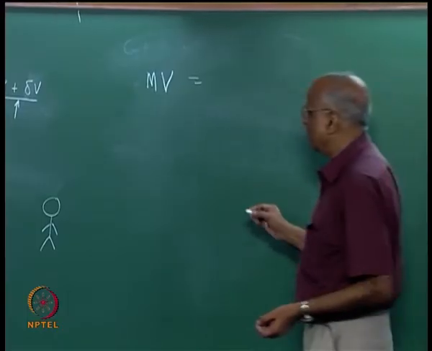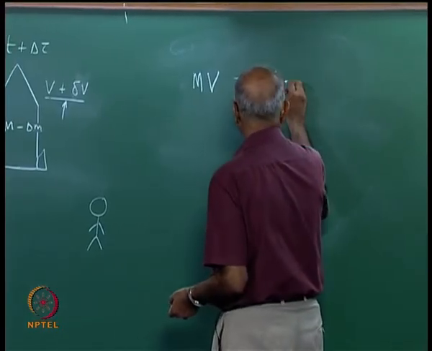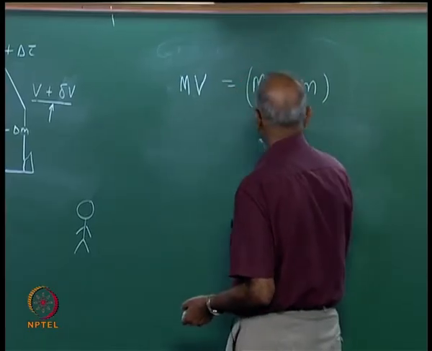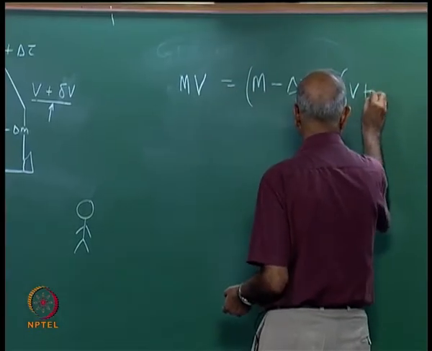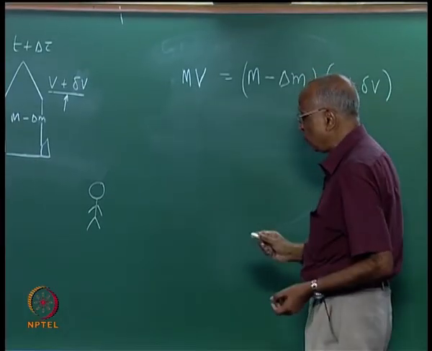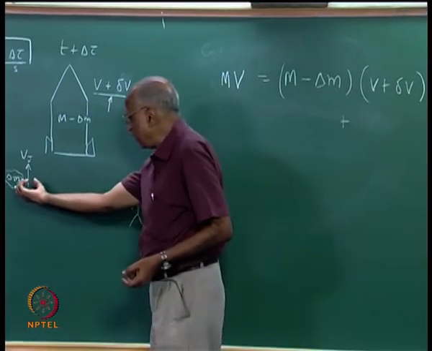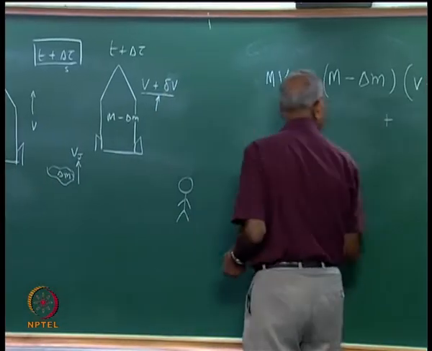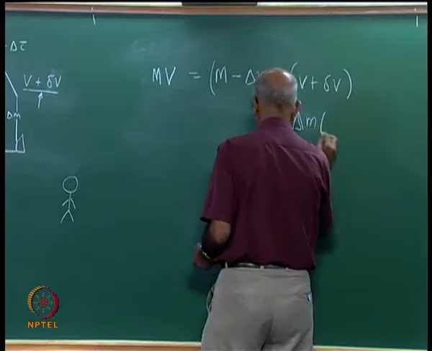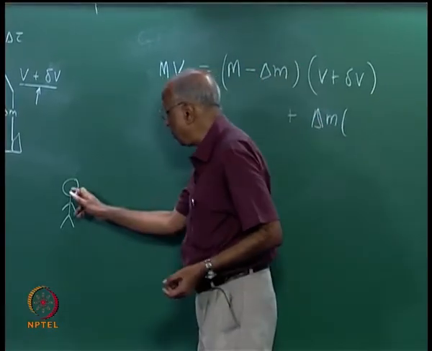I have M minus delta m into v plus dv, plus, you also find that delta m has gone out. Therefore, I have delta m, and what is the velocity? How do I see it?